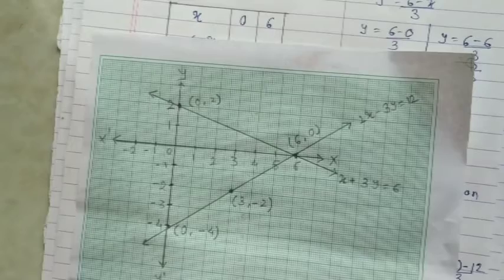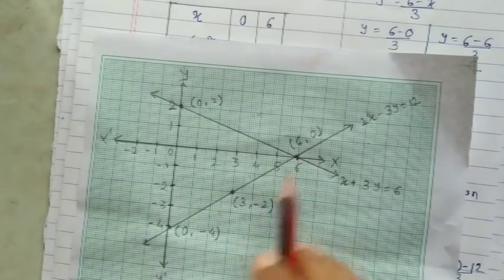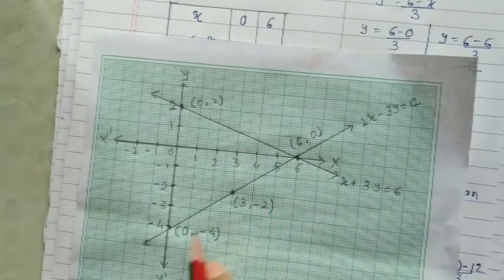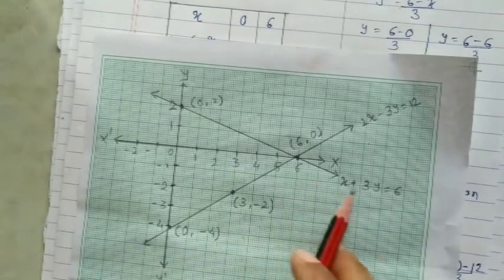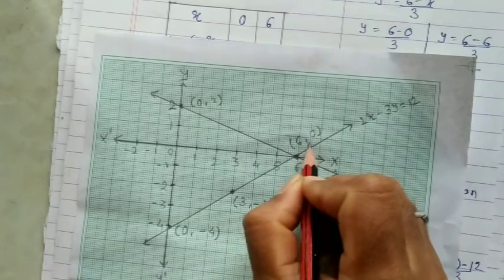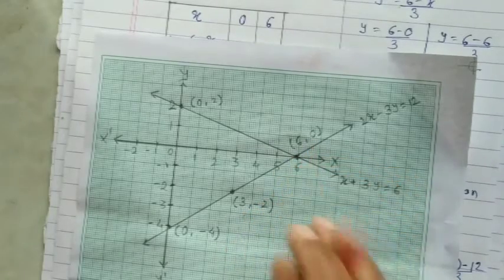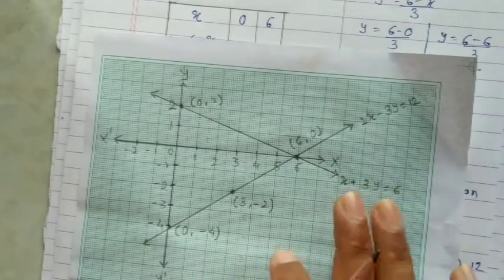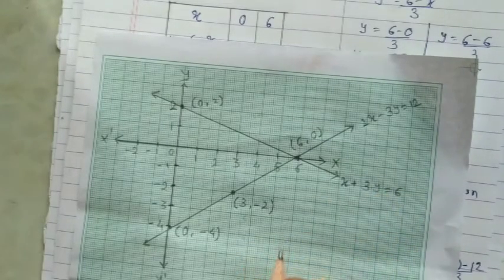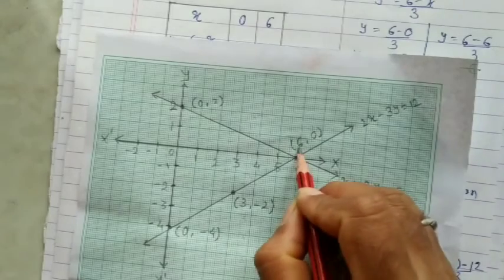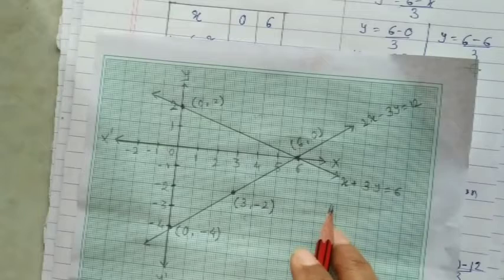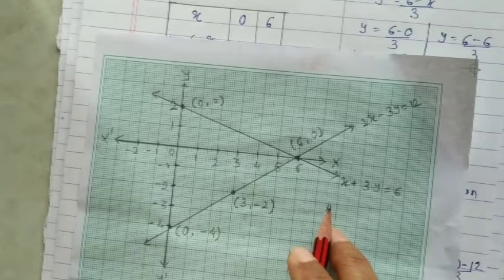In that we saw that when we draw a graph and the two lines intersect at one point, that point gives us the answer, and therefore this pair of equations is consistent. So graphically we can see that when x is 6, y is 0, this pair of equations is consistent.